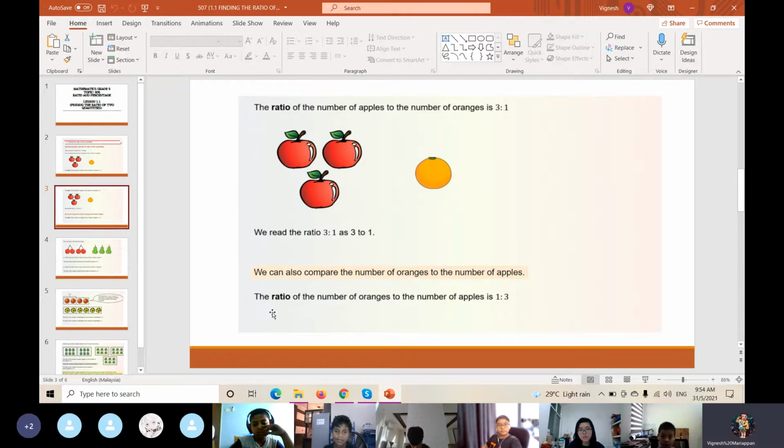Okay, let's say if the question asked for the ratio of number of oranges to the number of apples, you have to start from the oranges, the number of the oranges. How many? 1. To the number of apples means 3. So 1, 2, 3. Make sure the fruits that they have mentioned earlier is the first ratio you need to write.